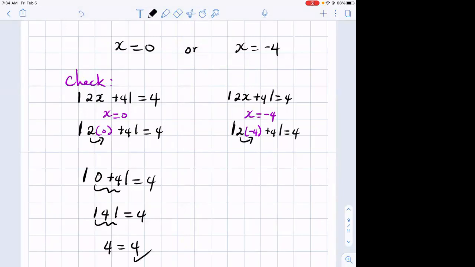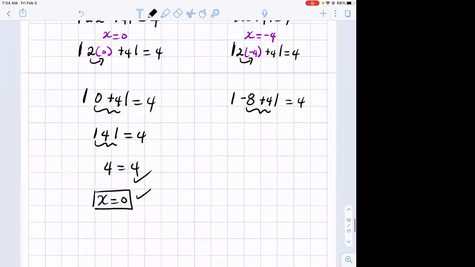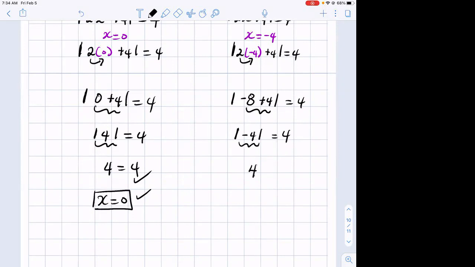And 2 times -4 becomes -8 plus 4. -8 plus 4 becomes -4. But the absolute value of -4 is 4. So 4 equals 4, this checks. Therefore, x equals -4 is also a solution. X equals 0 or x equals -4 are solutions to this problem.